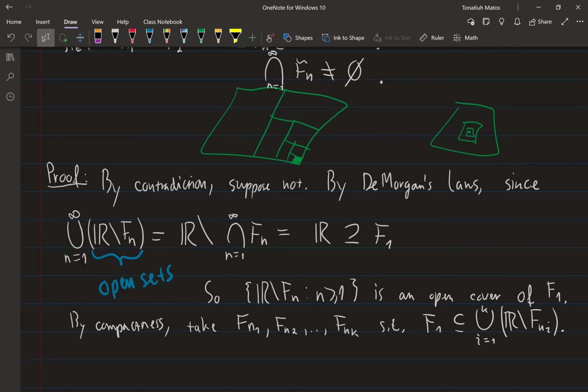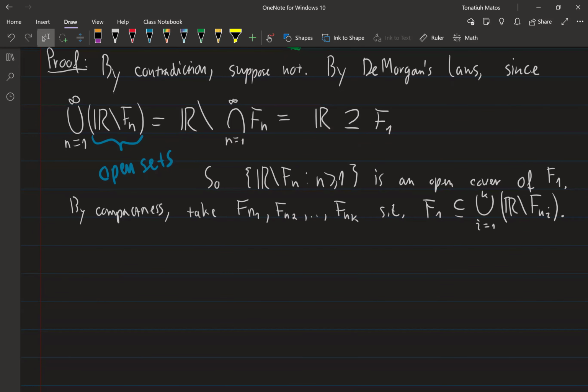And now that I think about this, there was a slightly easier way of writing this. I mean, it's fine. Let me change the indices just so that it's easier to write. There's nothing wrong with what is written now, but there's an easier way of writing this. So this sequence right here is a finite subsequence of the original family, right?